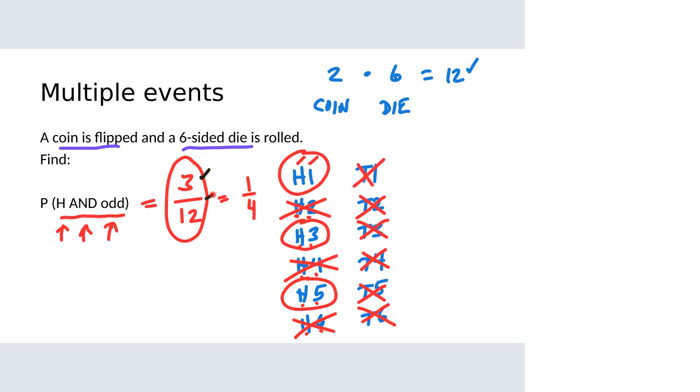This is 3 divided by 12. I get 0.25. So as a fraction, my answer here would be 3/12, which I could reduce to 1/4 if I wanted to. As a decimal rounded to the nearest hundredth, it would just be 0.25.